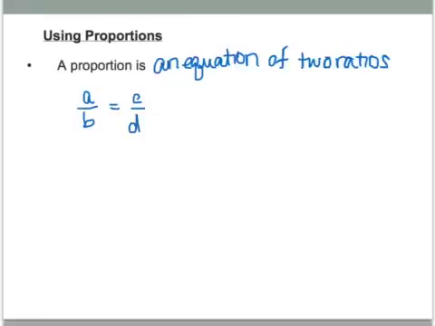Now there are certain spots in a proportion that have names. The very first numerator, which is A, and the last denominator, which is D, the values in those spots are called extremes.